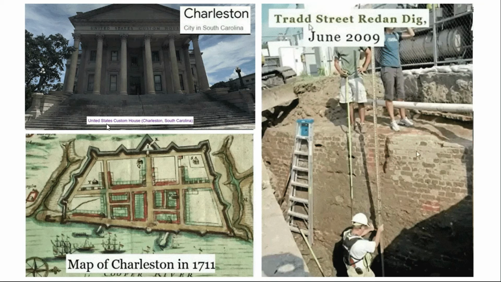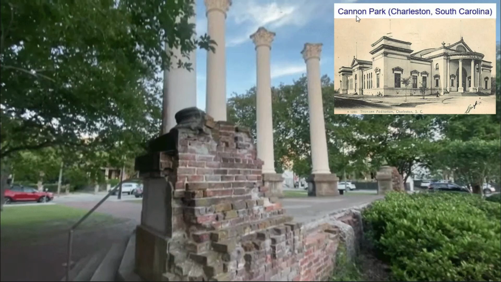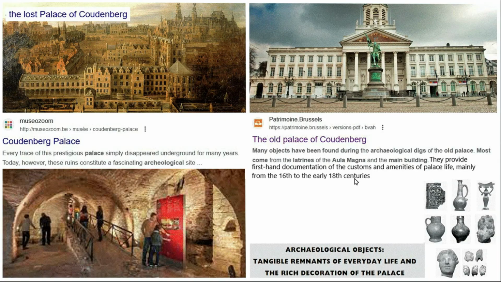And I think this is just the United States Custom House in Charleston, South Carolina. And there's this park called Cannon Park in South Carolina, which featured this structure here, and I think it burned down in the 1980s. But what survived were these 4 columns. And in this case, actually, the columns have a brick interior. Yeah, I just wanted to point that out.